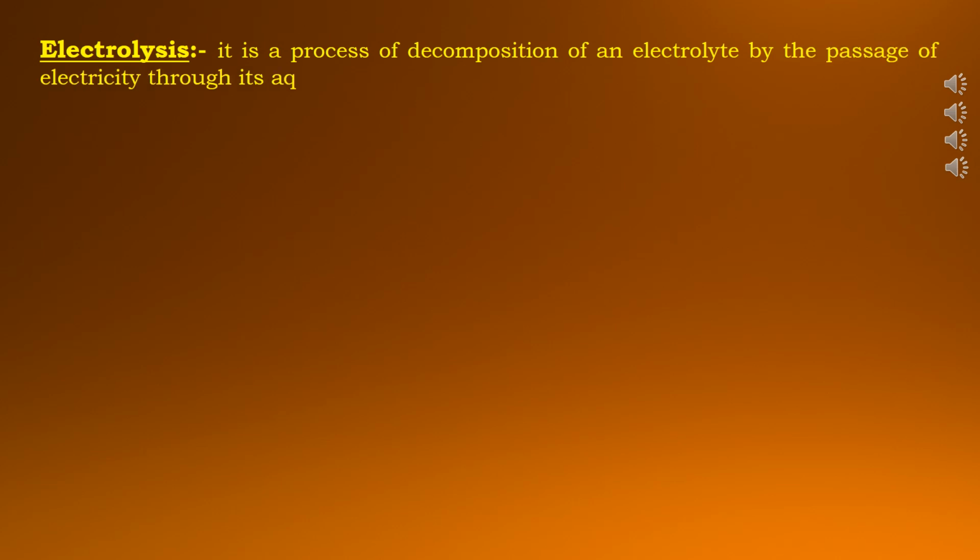It is a process of decomposition of an electrolyte by the passage of electricity through its aqueous solution or molten fused state, and the setup used to bring about this decomposition of an electrolyte by the passage of electric current is known as electrolytic cell.